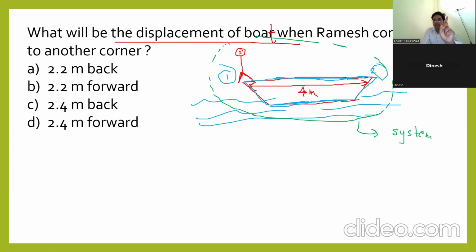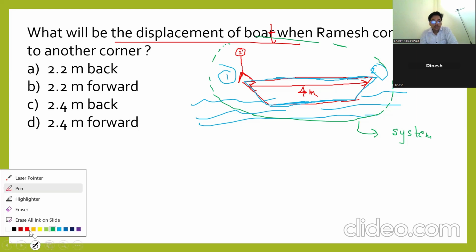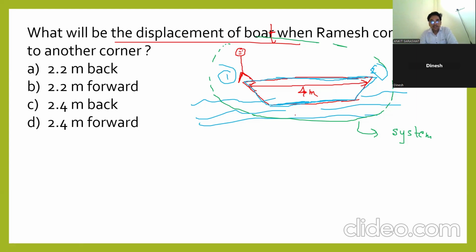He is standing here, the boat is also standing, it is not moving. Once the person starts moving, the boat moves back. If the person is moving in the forward direction, then the boat goes in the backward direction. Take the person as M1 and the boat as M2.